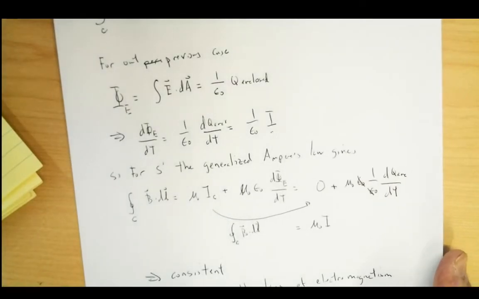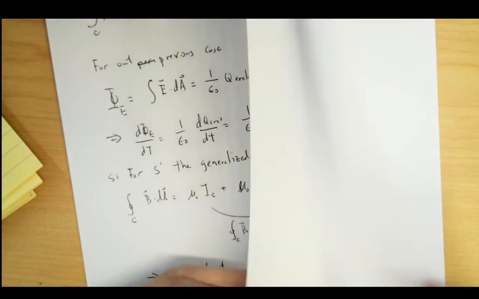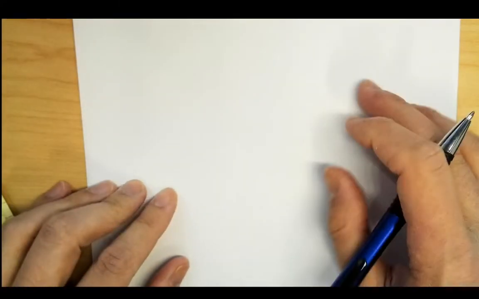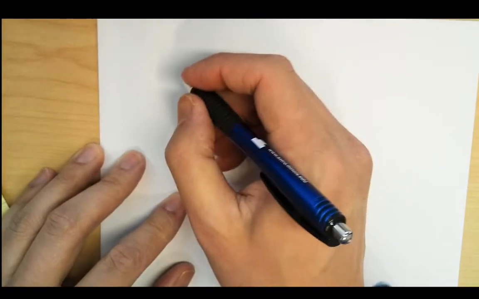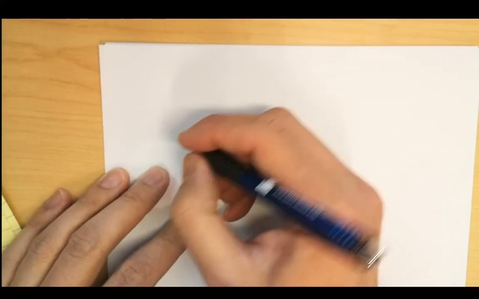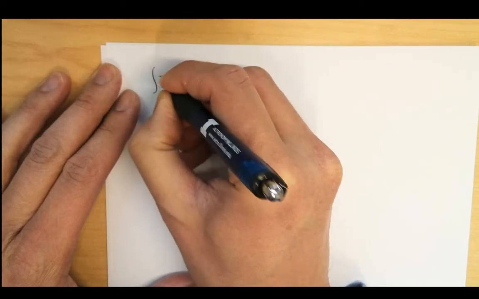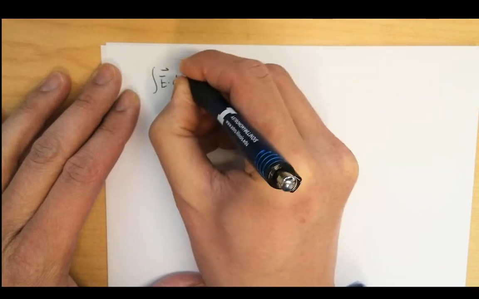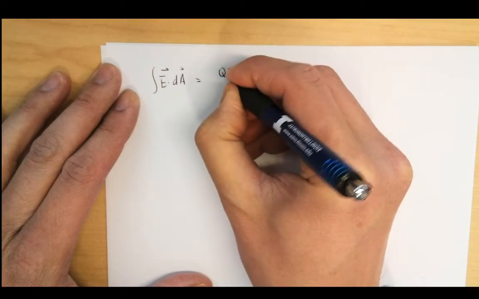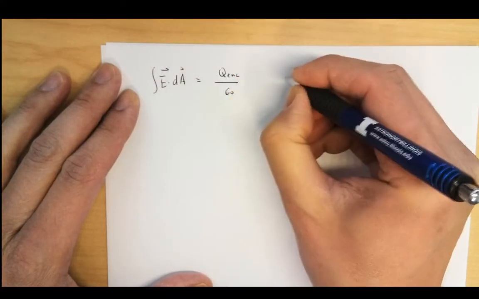We have a bunch of these laws, so let's go through each one of them in turn. The first law that we have is the integral of E dot dA equal to Q enclosed over epsilon 0. This is known as Gauss's law.